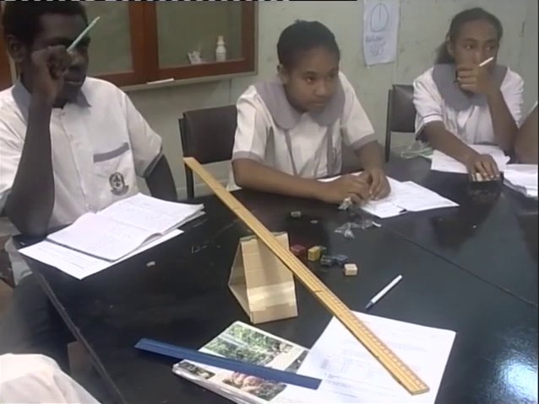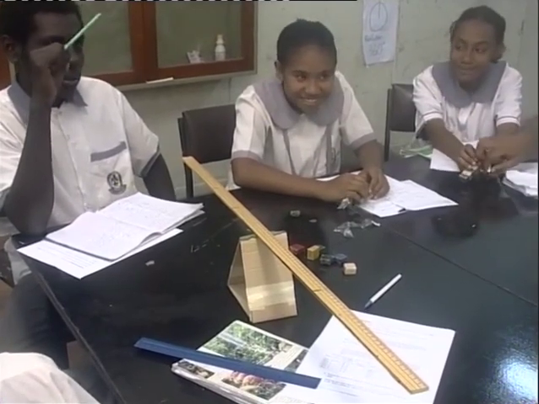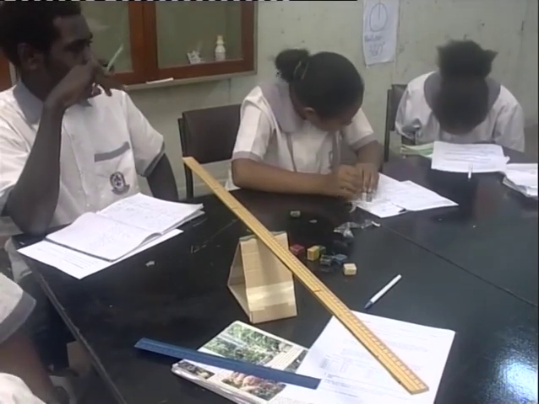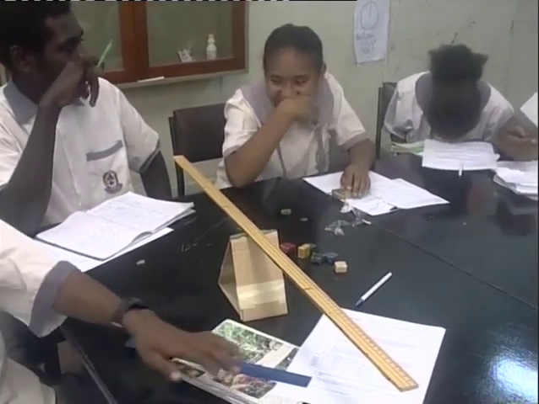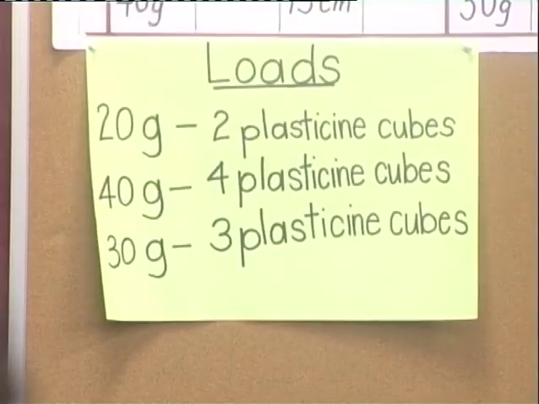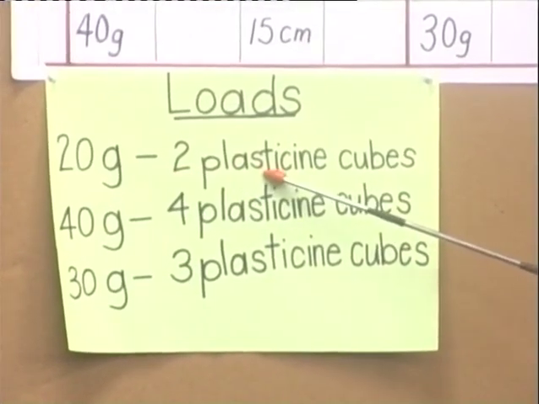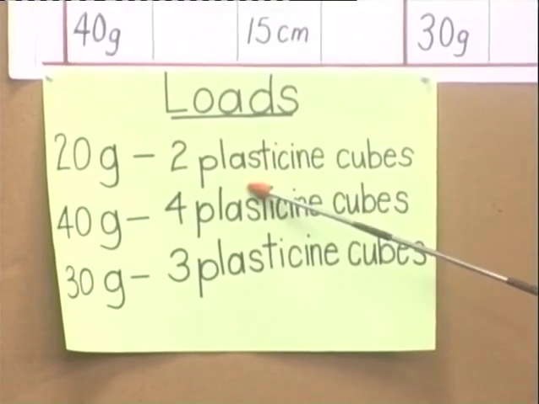Now, before we carry on with the second part of our activity, class and the receiving students, these are the loads that you are going to be using. For 20 grams in your worksheet, you will use 2 plasticine cubes.